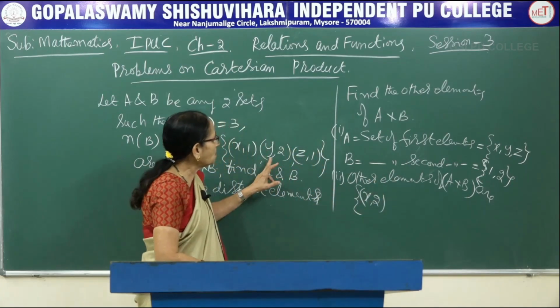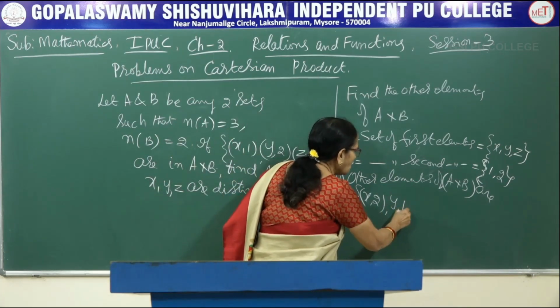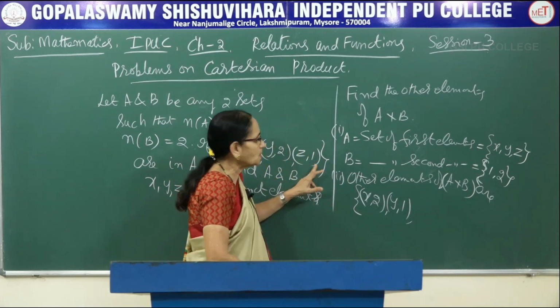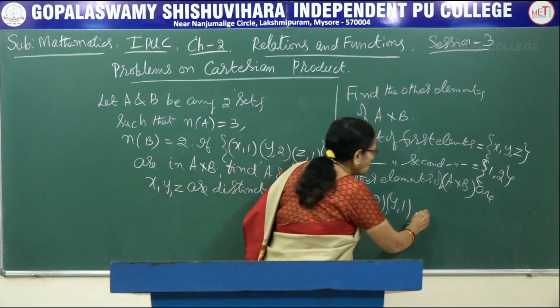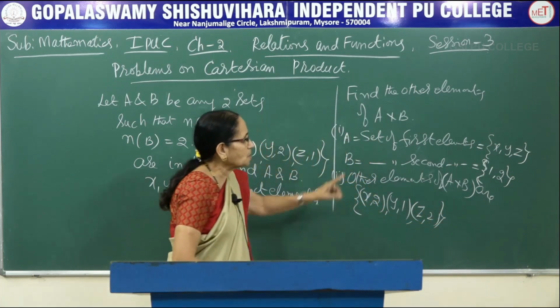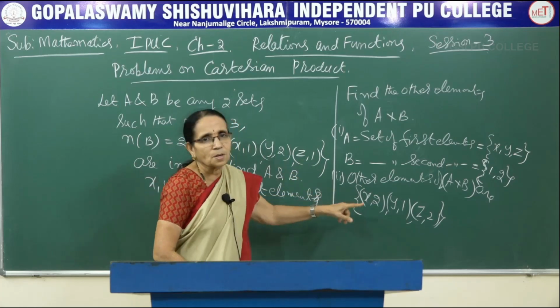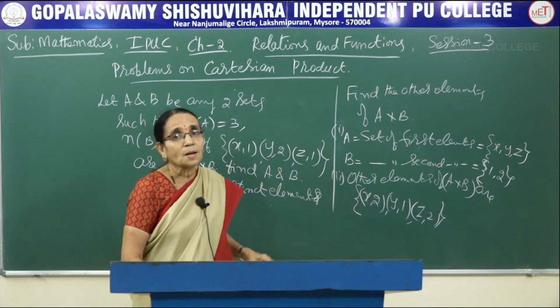Correct? Next, y with 2 has been given, so you have to consider the other possibility, y with 1. Now, z with 1 has been given, therefore you have to write z with 2. Okay. So, you observe here x1, x2, y1, y2, z1, z2. That is, these are the total elements here.